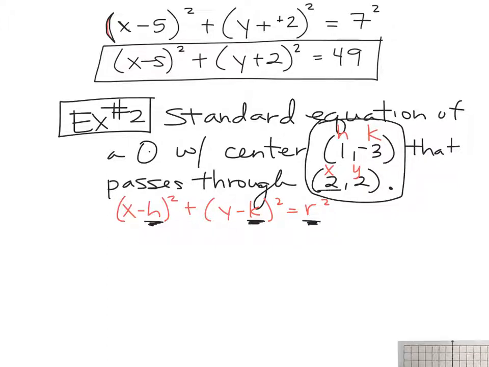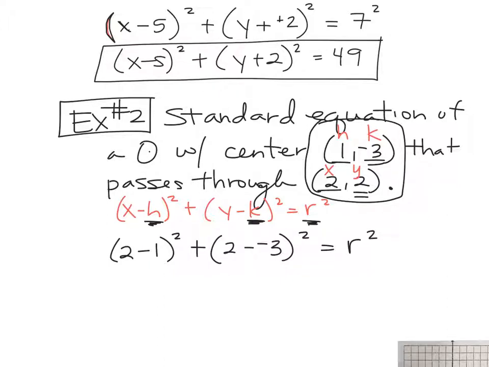So it's X, which is 2, minus H, which was 1, so 2 minus 1 squared. And then we take our Y, 2, minus a -3 squared equals the radius squared.